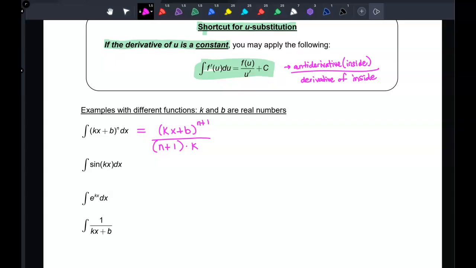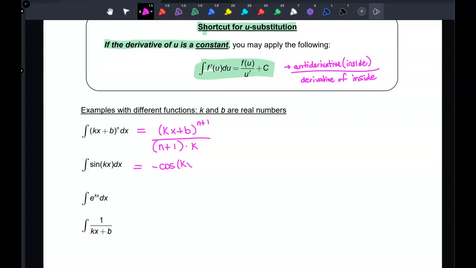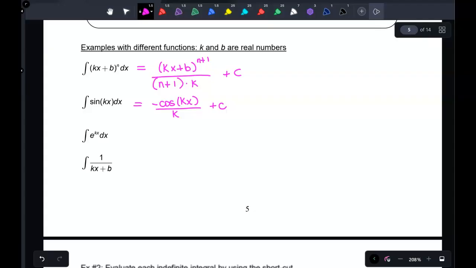So if I have sine of k times x, what's the antiderivative for sine? Negative cosine. So I'll have negative cosine kx divided by what's the derivative of k times x? k. Oh, I forgot to put plus c. These are all plus c's again.